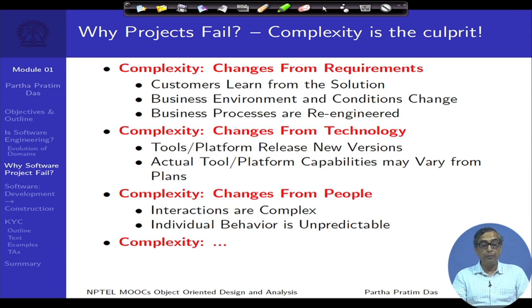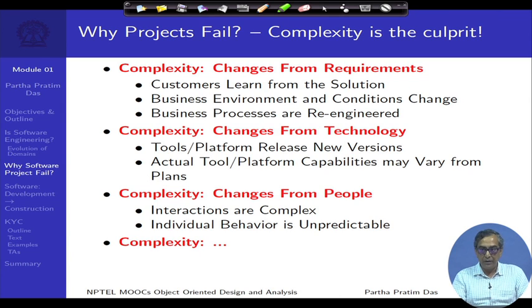And there is a severe complexity from people. Unlike most other fields of engineering, where the process of construction itself is significantly automated, here in software the process of construction has automation aid, but it is finally people who develop software, who write the code. So, interactions of people, as you will always understand, are complex.